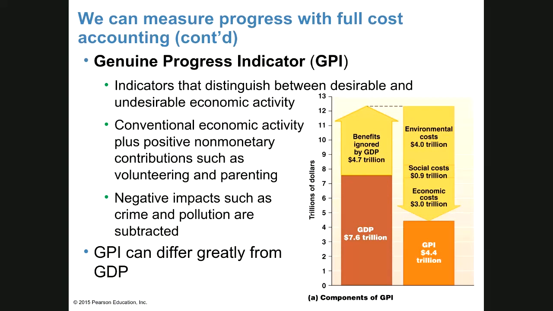So now this is a better indicator of how we're doing economically, because we're not just adding war and pollution and hurricane cleanups and social issues into benefits when that truly is not necessarily a benefit.